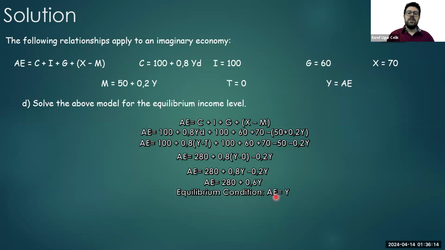That means that when you see aggregate expenditure, it turns into total income. So we can change aggregate expenditure to Y. So the equation turns into like that. So put Y on one side and the other side becomes alone.